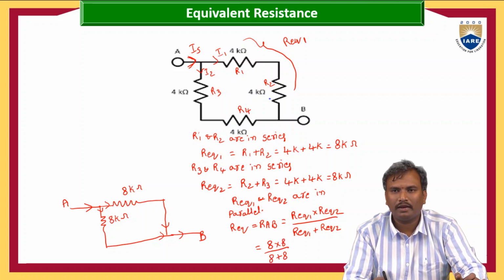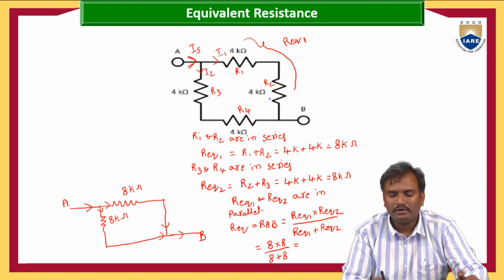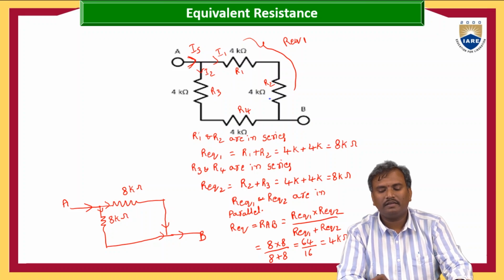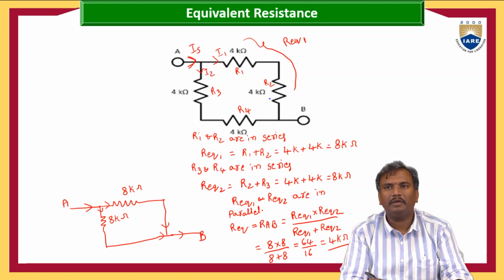I am not writing kilo here, so finally I will write 64 by 16, 4 kilo ohms. This is the way we are going to calculate the equivalent resistance between the terminals.